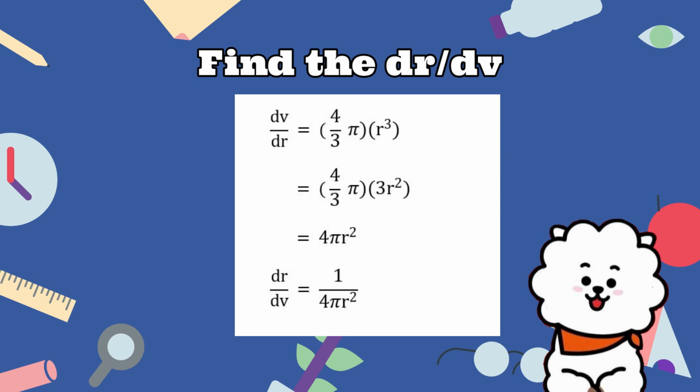Multiplying 3r squared with 4 over 3 pi, it becomes 4 pi r squared. So dr over dV becomes 1 over 4 pi r squared.